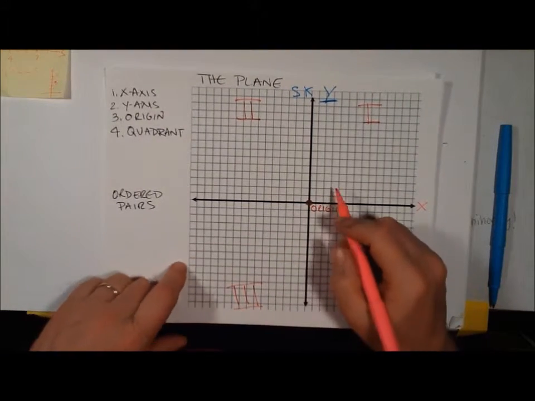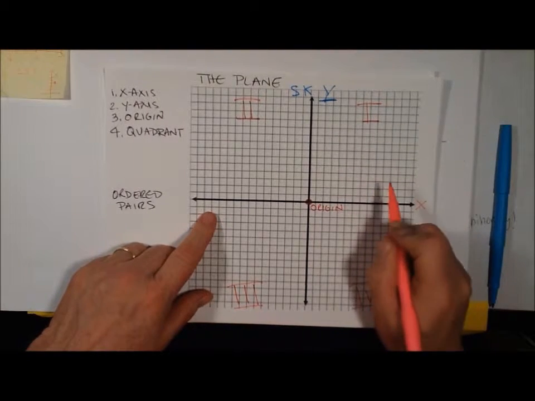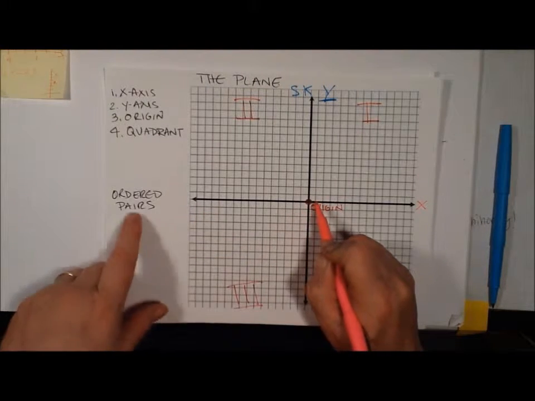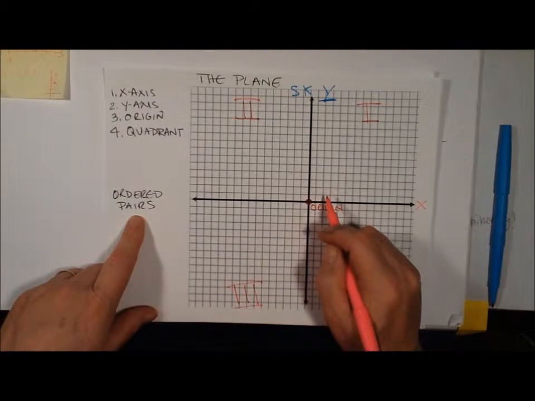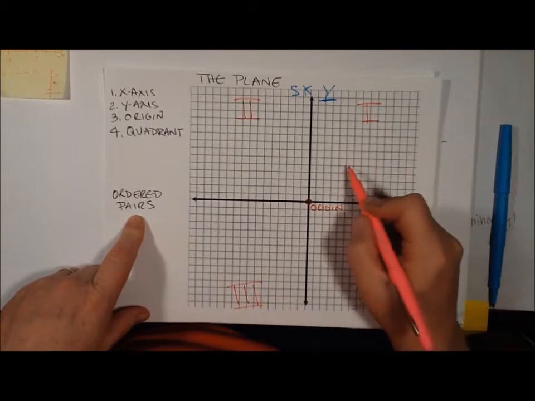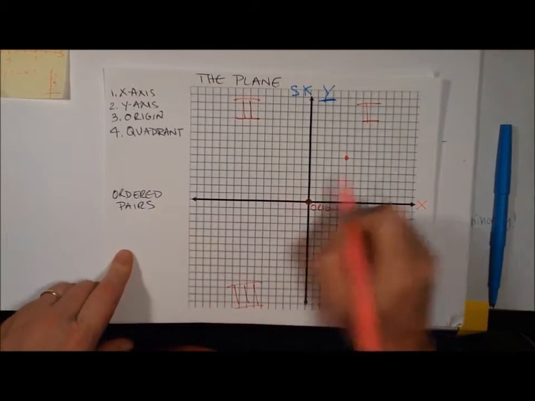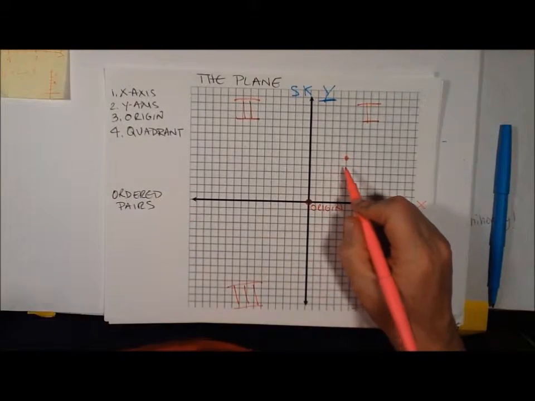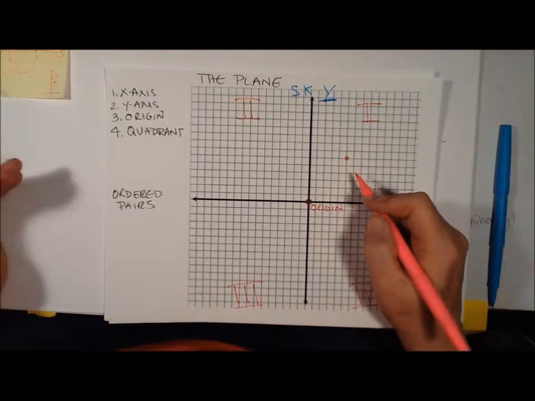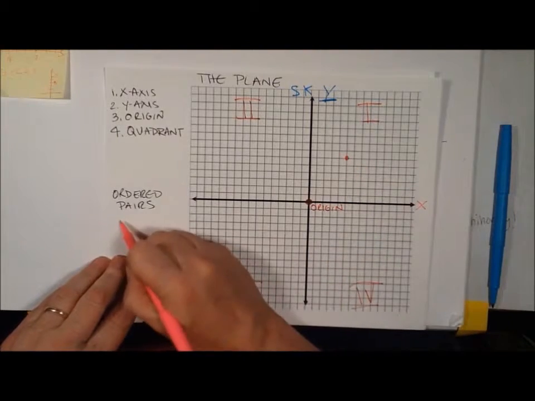If I want to talk about a particular location on the plane, I do it by using something called an ordered pair. If I close my eyes and pick a spot, I'm going to pick that spot right there. That's a specific location on my graph. There is no other place on the graph that is exactly there, so I have to be pretty specific in giving you directions how to get there.